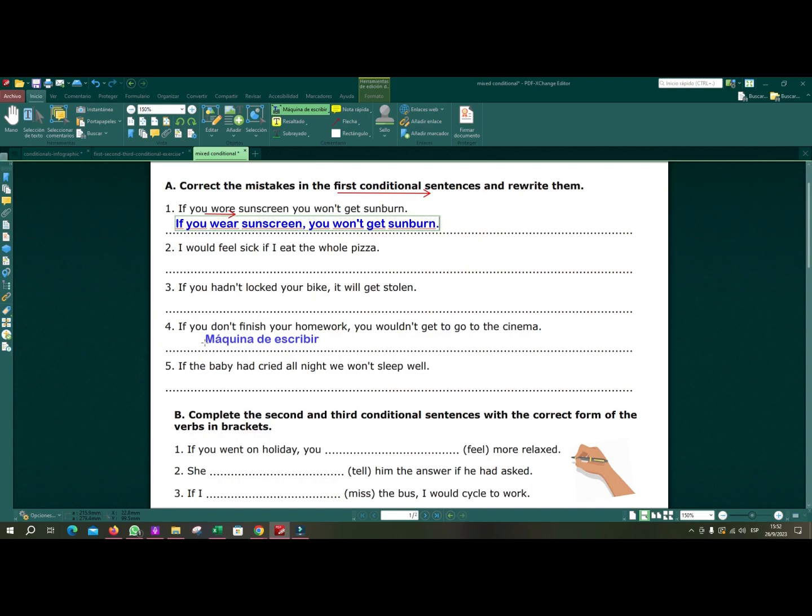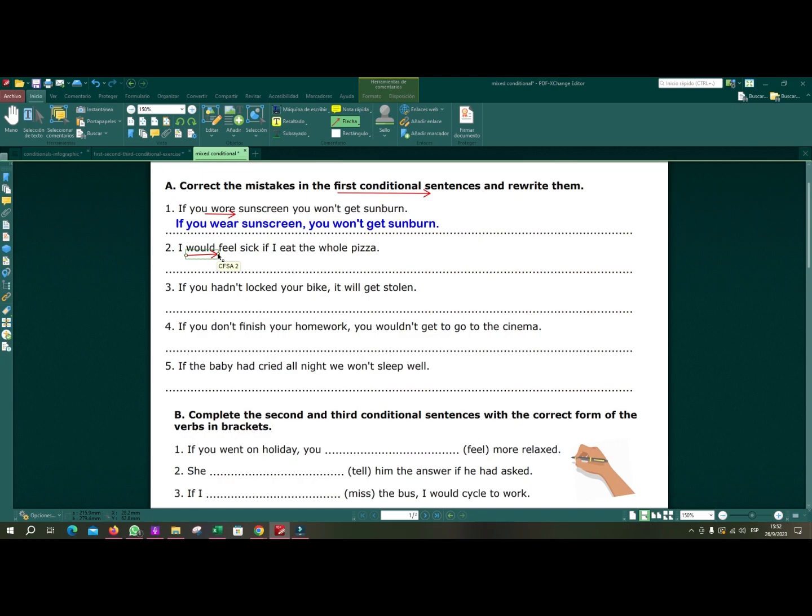So, for example, in the number 2, I would feel sick if I ate the whole pizza. Here you have first the main clause and then the if one. So, what is the structure? In the if clause, you're going to have simple present. And in the main clause, you're going to have what? Future and infinitive. In this case, will plus the infinitive. So, would, that is not the future one, right?